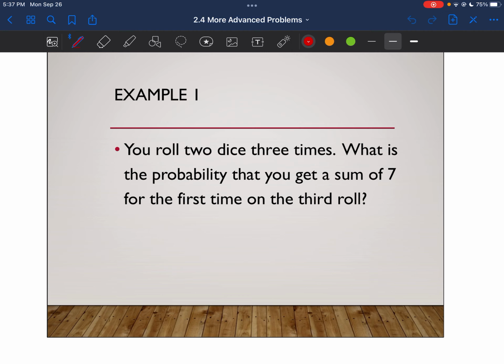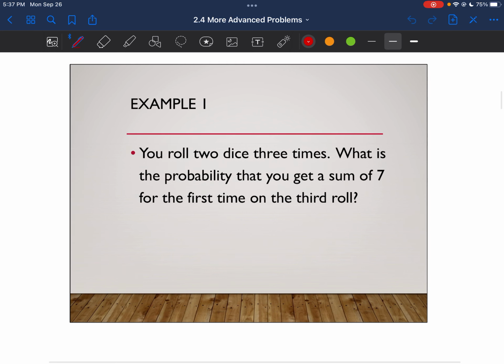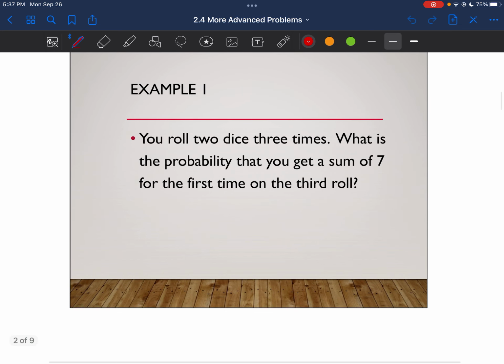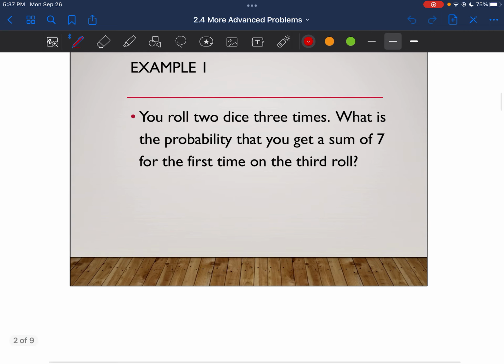And we want to know the probability that we get a sum of 7 for the first time on the 3rd roll. So what does this mean? Let's parse this out a little bit and change the English into math. If I'm going to get a sum of 7 on the 3rd roll, that means on the first roll, I'm going to get no 7.